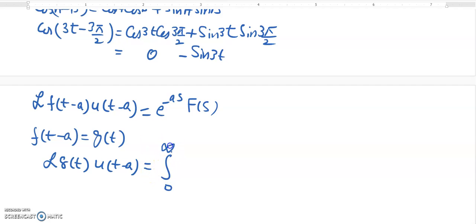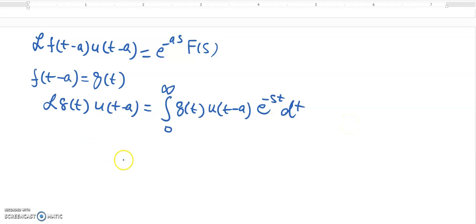So 0 to infinity, g of t u of t minus a, multiplied by e power minus st, dt. However, we can simplify this, because for any value of t less than a, this function is 0.